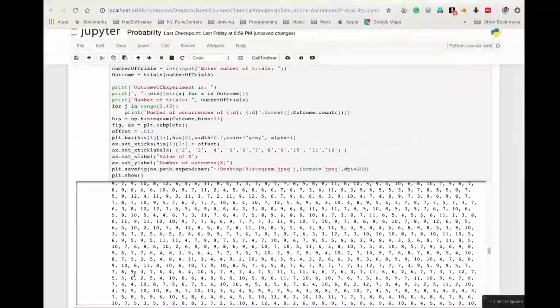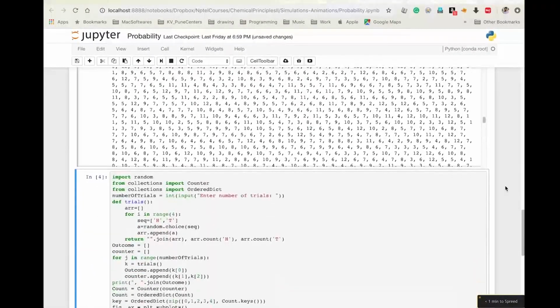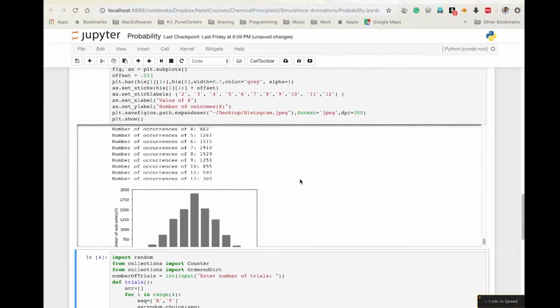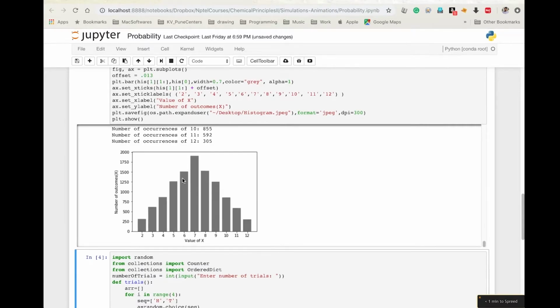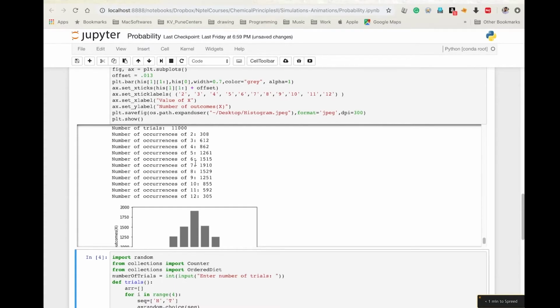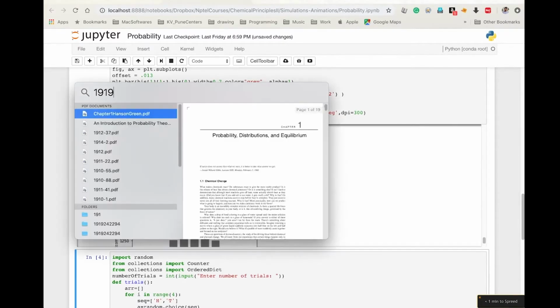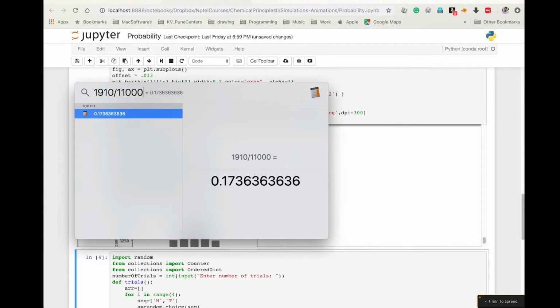And you see the number of occurrences has been given here, and as you can see 7 has now become maximum. If you want to calculate the probability, 7 has come 1910 times, 1910 divided by 11,000 is 0.173.